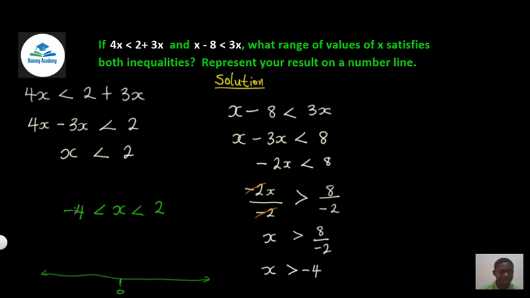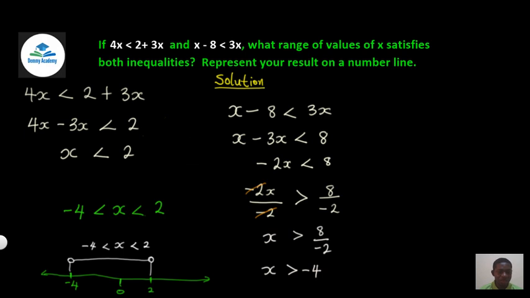Now we have the range of negative 4 and 2, so let's have negative 4 here and 2 here. So our x can be said to be from this value, which is negative 4, up to 2. So this is the range of values that satisfies it, that is, negative 4 less than x, x less than 2.